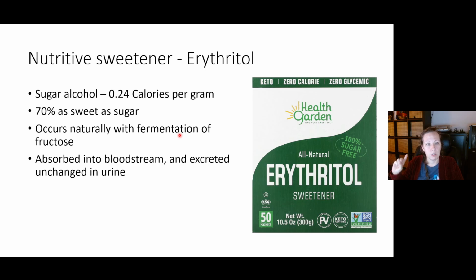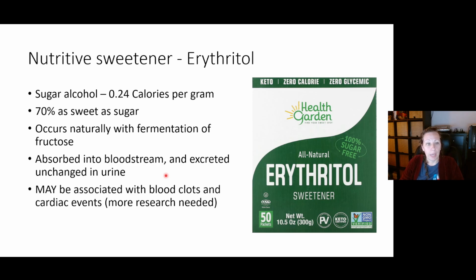Unlike the sorbitol and mannitol and xylitol, it is absorbed fully into the bloodstream, but the body is not able to process it. And so it is excreted unchanged in the urine. It's not fully digested by the body. It goes into the bloodstream and then just out the urine.